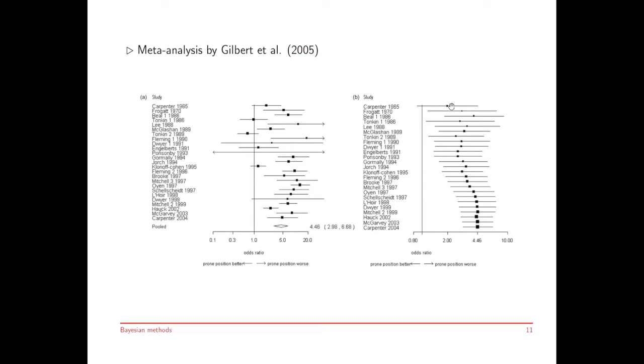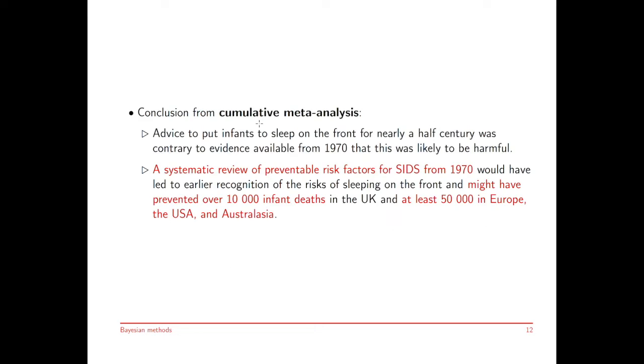Here we see the cumulative meta-analysis, always combining the result of the current study with the previous studies. So we see in 86 a clear evidence that putting the baby in the prone position is not good. But in 1986, Tonkin actually reduced that evidence because in his study he didn't find anything.